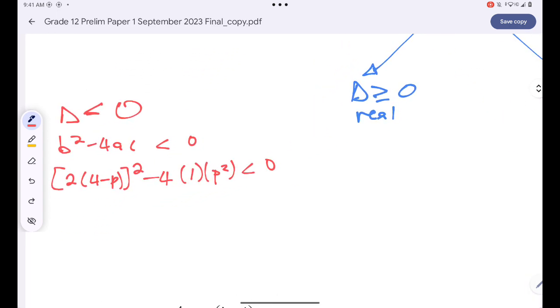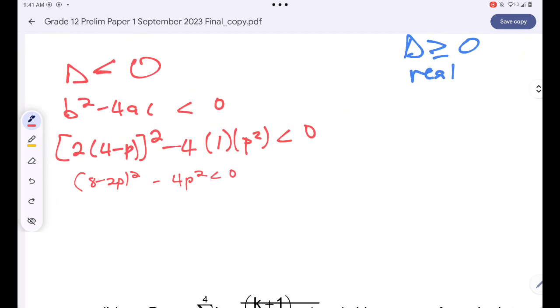I'll end up having (8 minus 2p) all squared minus 4p squared is less than 0.